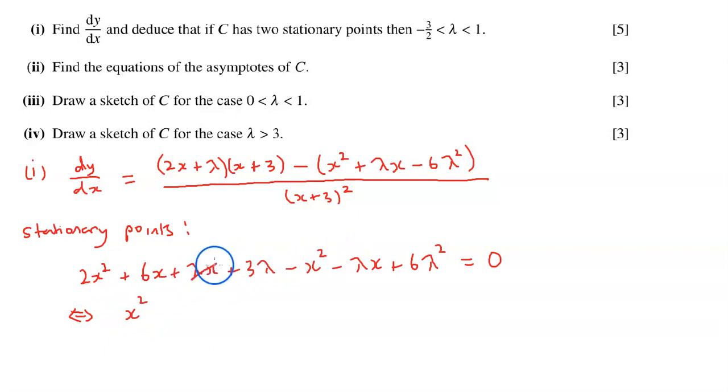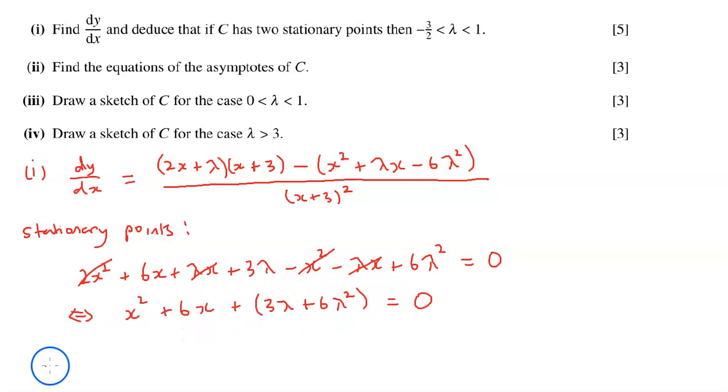We have a plus lambda x and a minus lambda x here, so we've already taken care of those. So just x squared plus 6x, and then the constant is plus 3 lambda plus 6 lambda squared. And so that needs to equal 0 if there are stationary points.